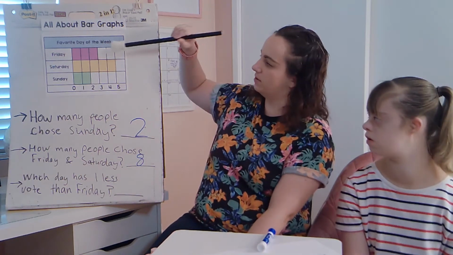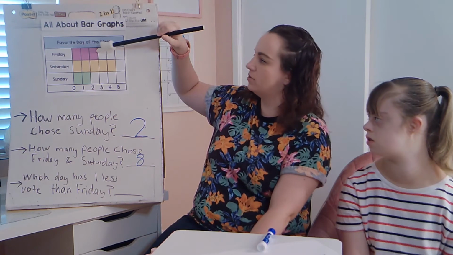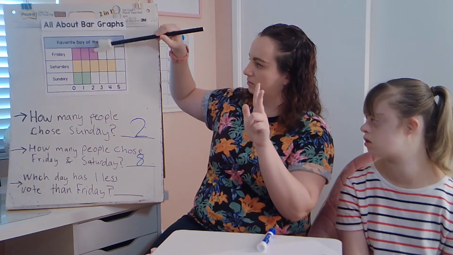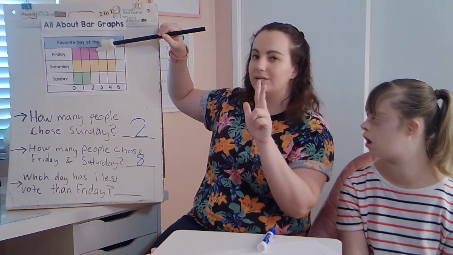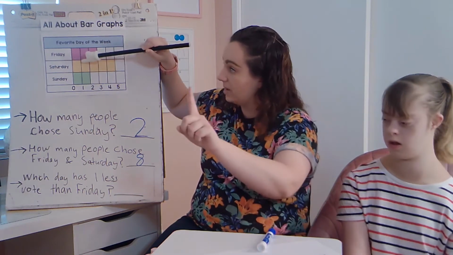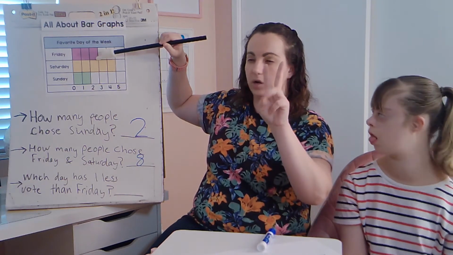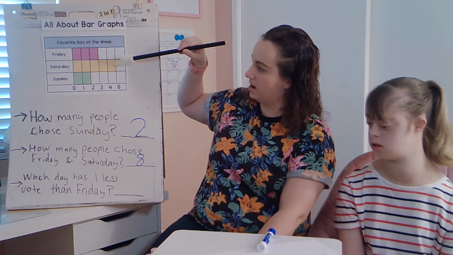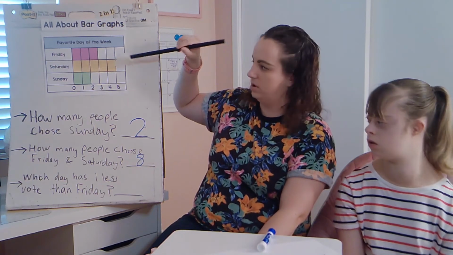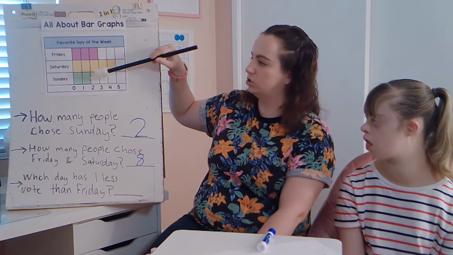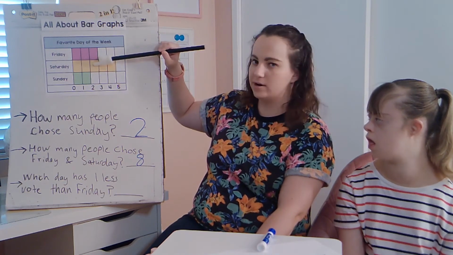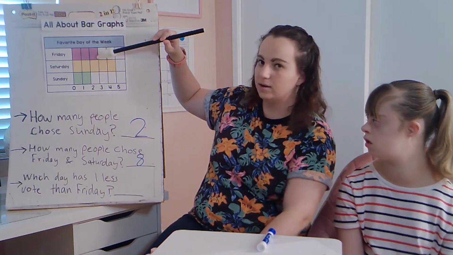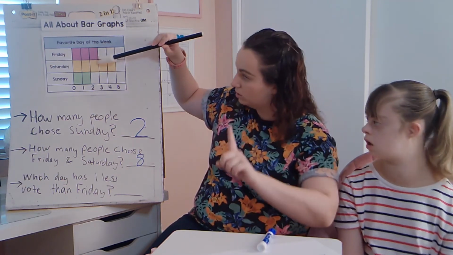Well, we can look up here at Friday, and we know that Friday has 1, 2, 3 votes right here. We want to see which day has 1 less. Or 3, take away 1, only 2 votes. Looking at Saturday, all the way out here at 5, and Sunday, only here to 2, does Saturday or Sunday have 1 less?